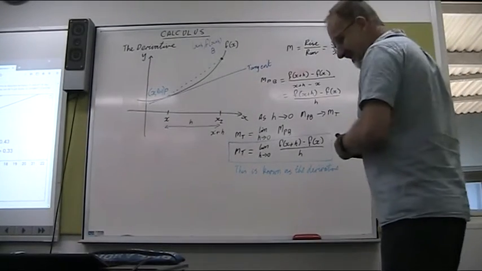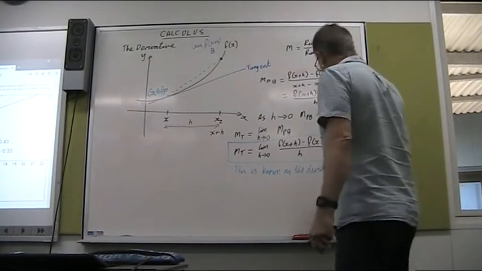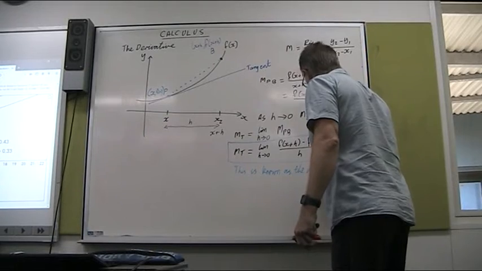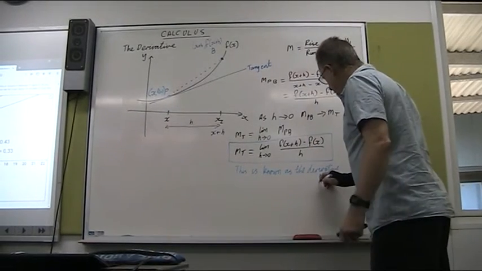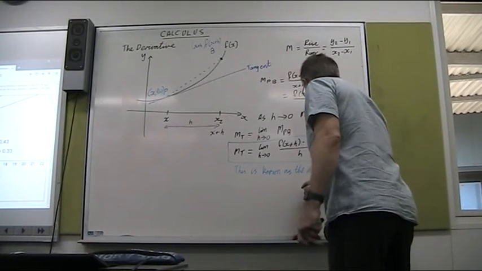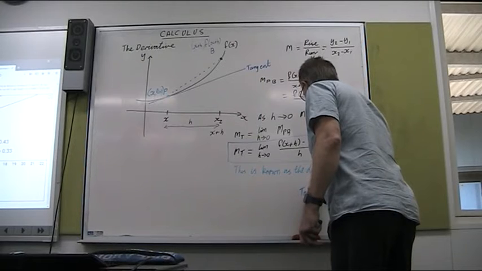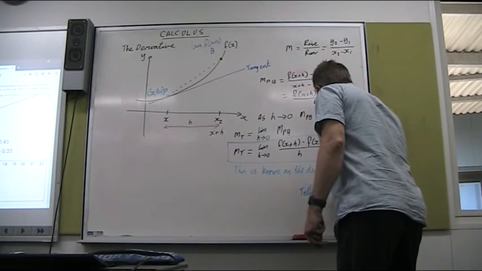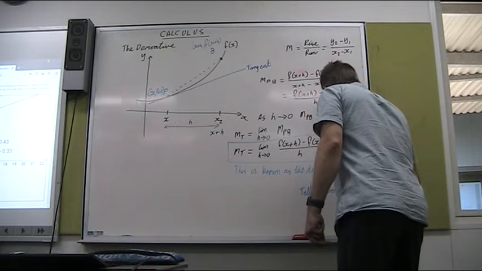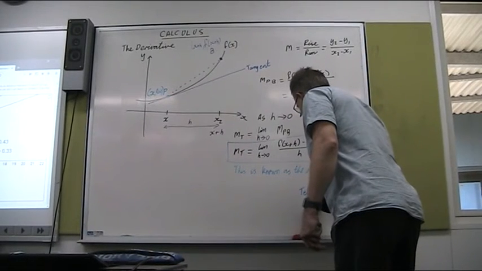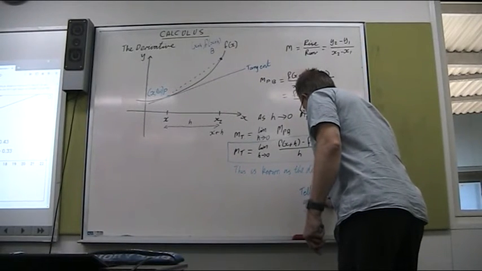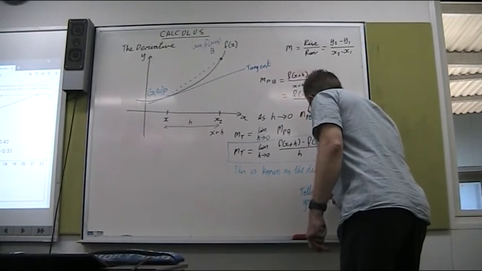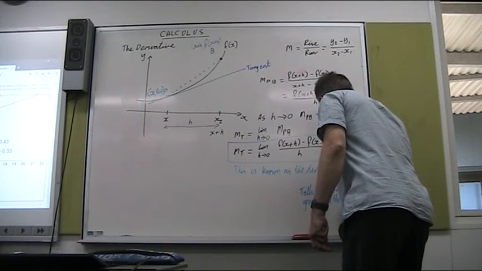So the key thing about the derivative is that the derivative tells us about the gradient of the function.